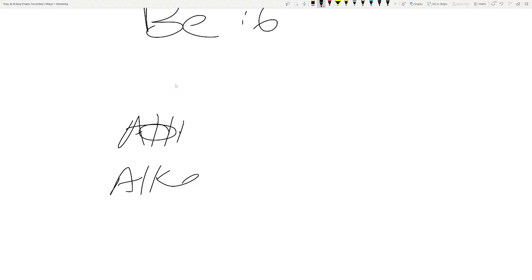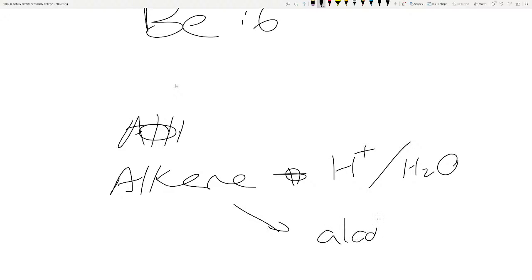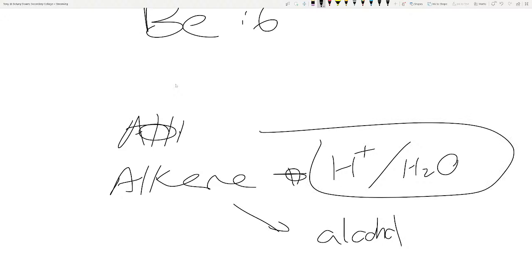So if you got alkene plus aqueous HCl, that's just, so essentially just that, right? That's what you mean. So yeah, you make alcohol. Yeah, this is just H plus. It could be H2SO4 or HCl, but no one uses HCl. It's just not a common thing to do.